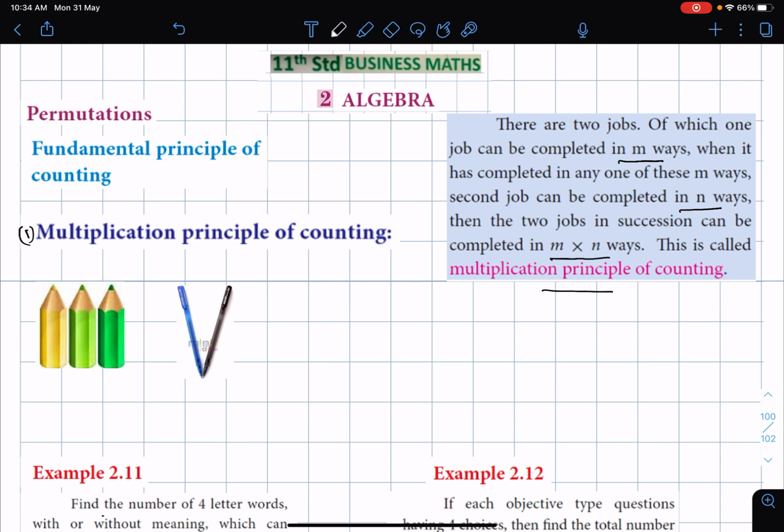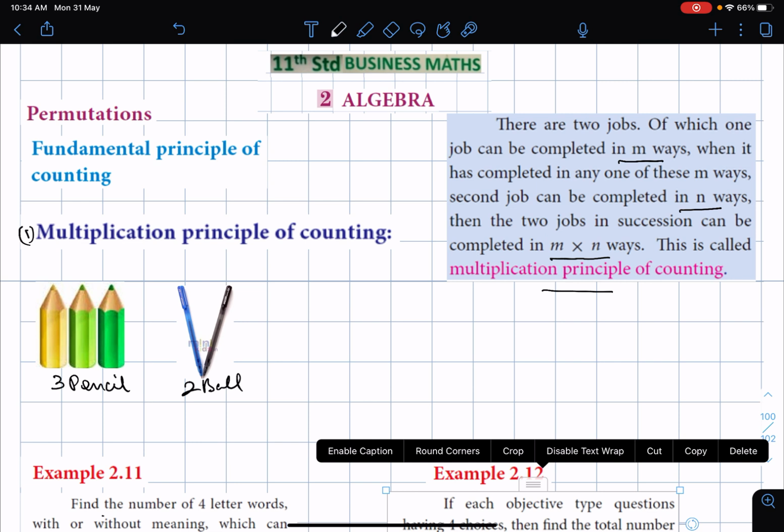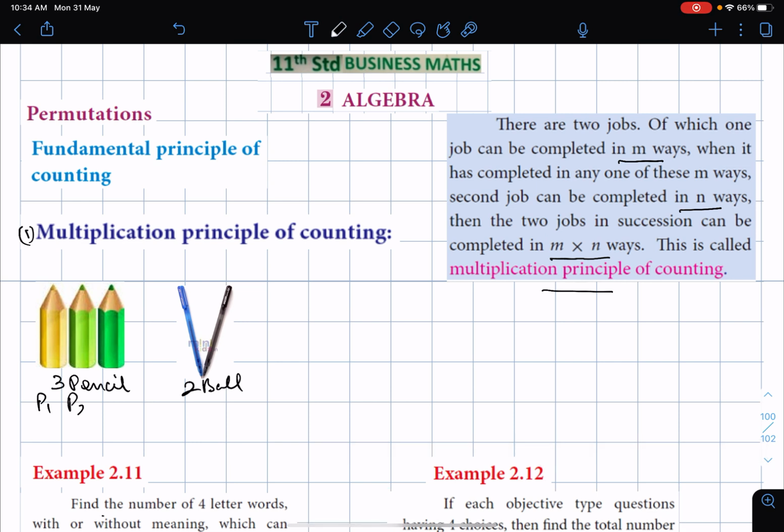Now we have three pencils and two ball pens. We'll call these p1, p2 and p3, and for the ball pens b1 and b2. Our question is: pick one pencil and one ball pen.